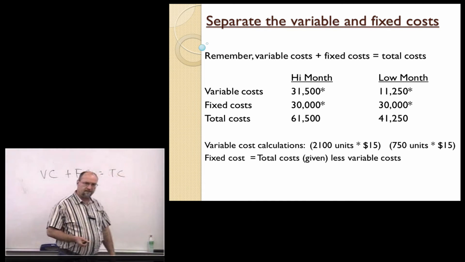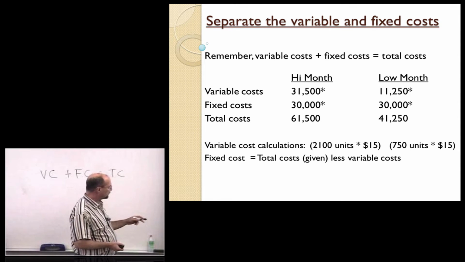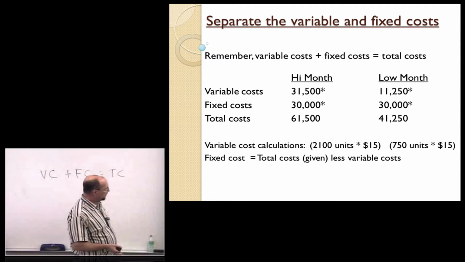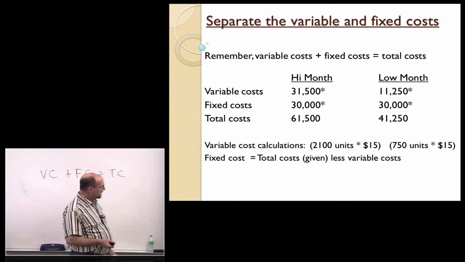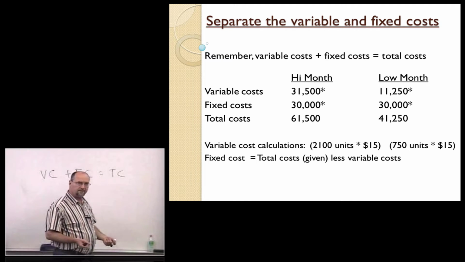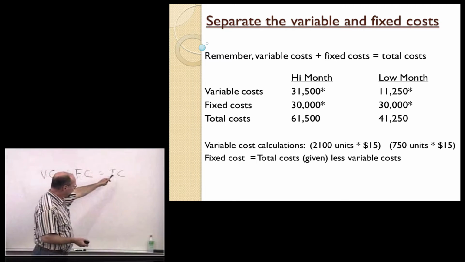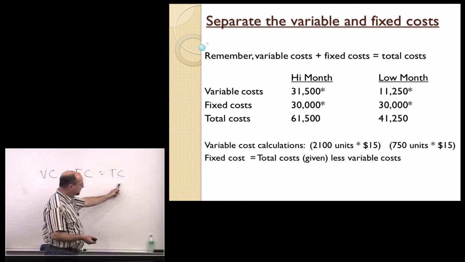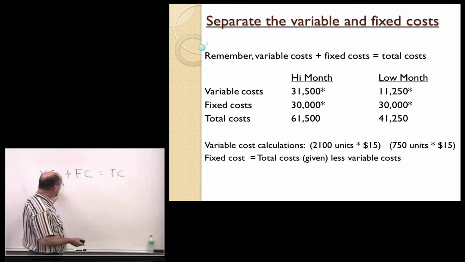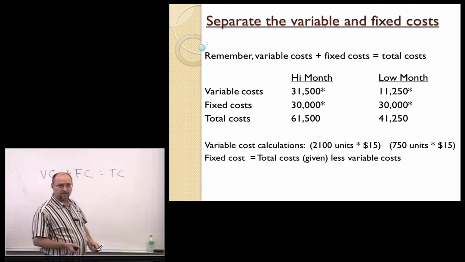Variable cost is $15 per unit, so if I multiply 2,100 units times $15 per unit, I get 31,500. Now we know that in the high month our total cost was 61,500, and variable plus fixed equals total. If 61,500 is total and 31,500 is variable, then the difference, or 30,000, has to be our fixed cost.